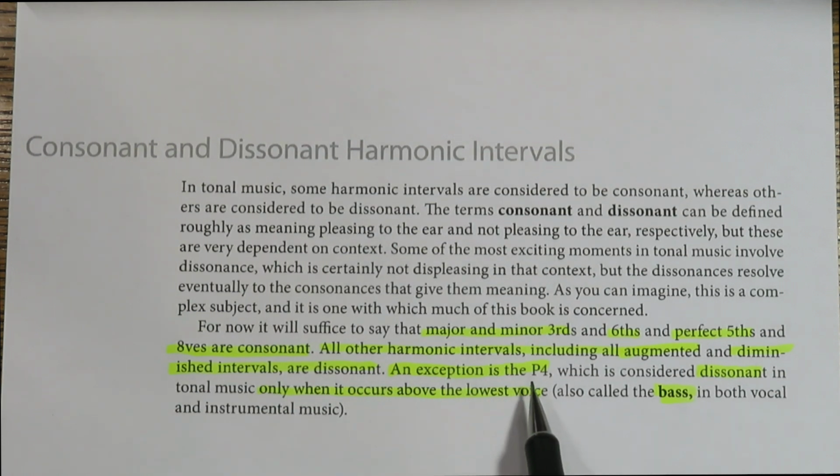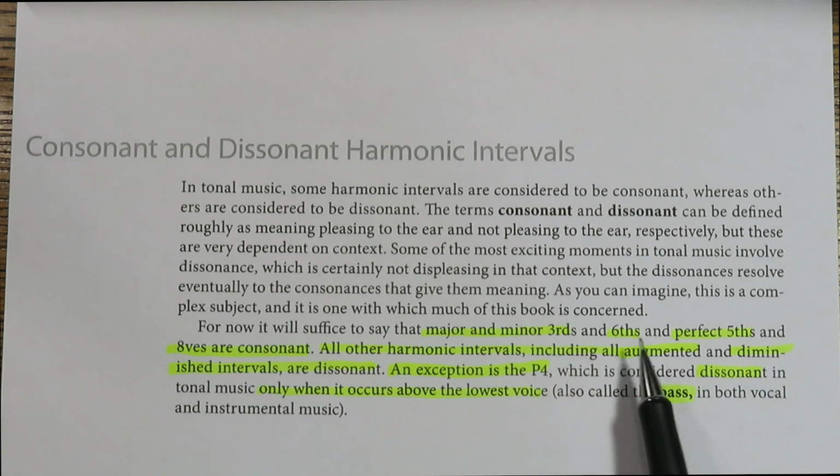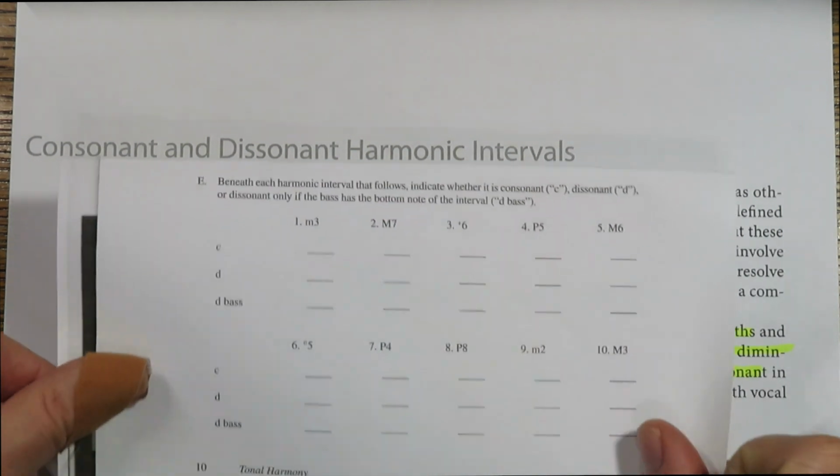An exception is the perfect fourth, which is considered dissonant in tonal music only when it occurs above the lowest note, or lowest voice, also called the bass in both vocal and instrumental music. Okay, so major and minor thirds, sixths, perfect fifths and octaves are consonant. Everything else is dissonant except for the fourth. So that ought to help us figure this out.